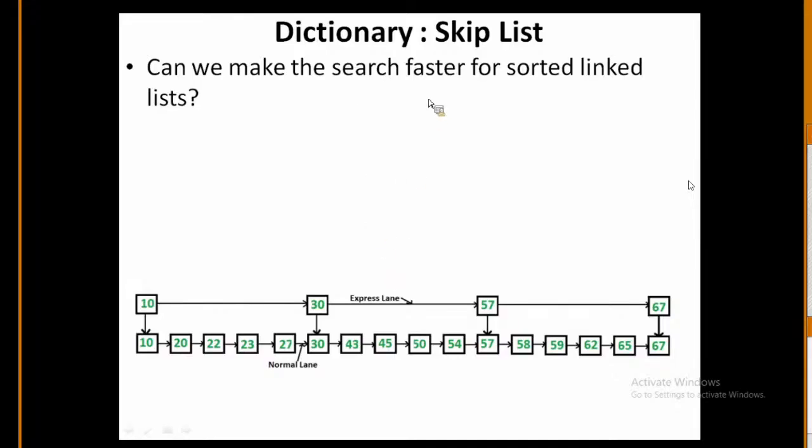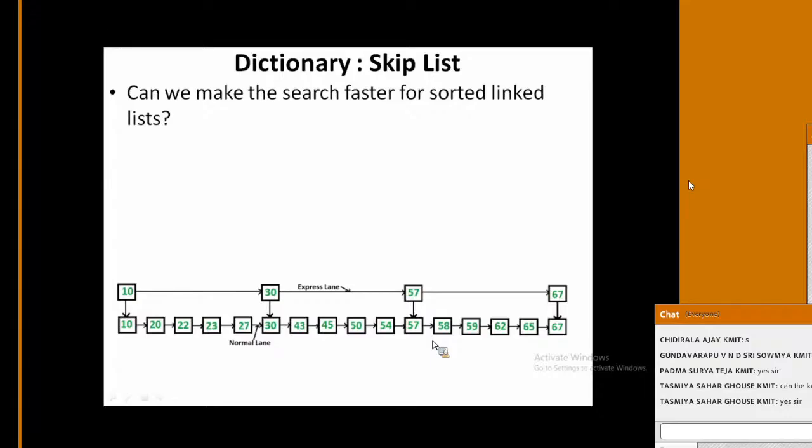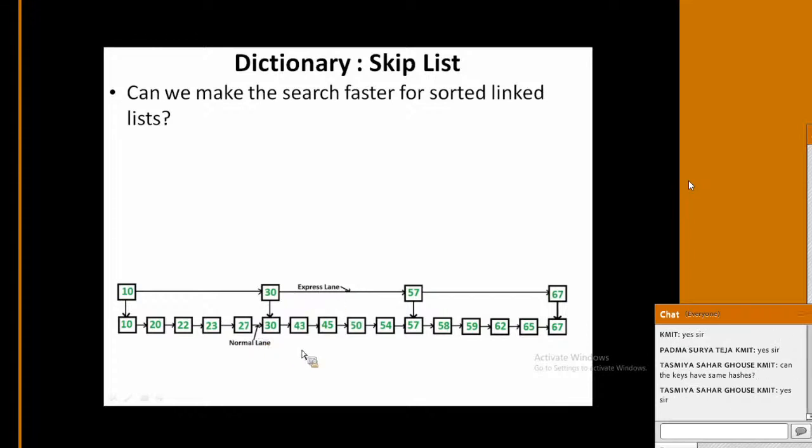So we make use of this skip list technique. On top of this lower sorted linked list, you can also see an upper one, which I'm calling the express lane, and this is the normal lane. For example, in Hyderabad we have the metro and we have the MMTS.